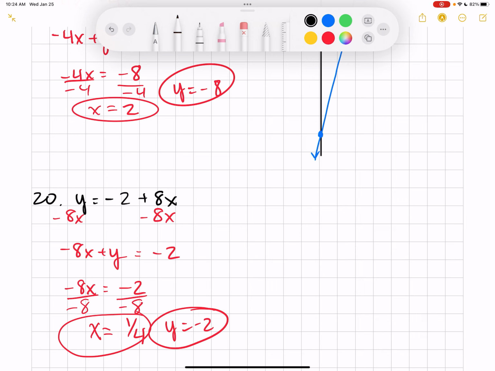So when I go to graph it, x is 1/4, so you're just trying to get about 1/4 of the way between. I'm not going to get a ruler out and measure, just approximately where it would be. And then y is -2, so down 2. Oh, that's not going to be a straight line.